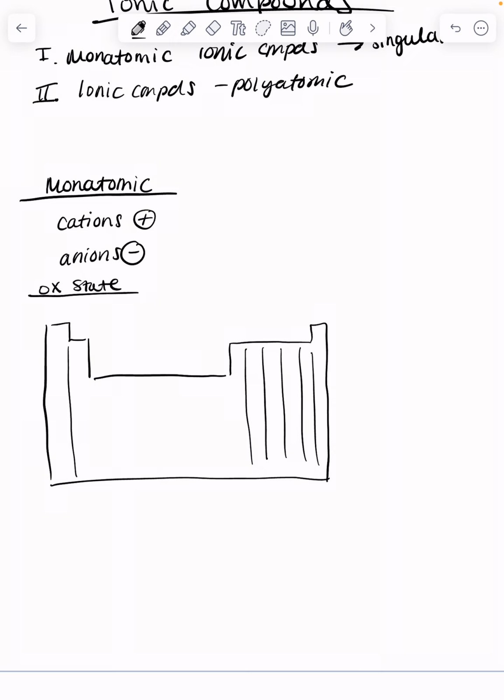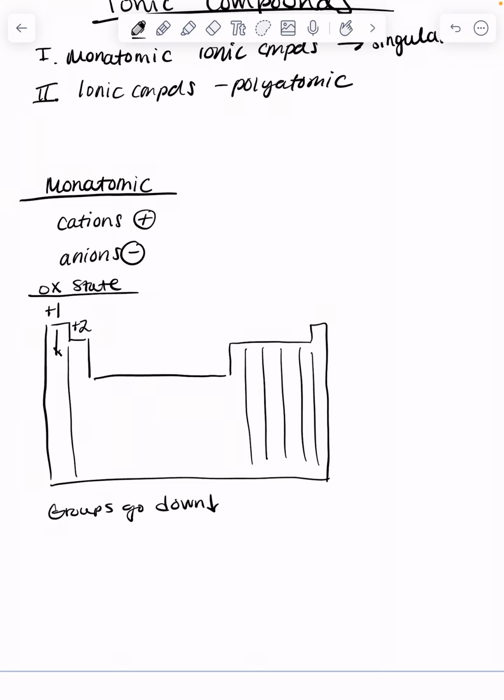So everything in this group, right, groups go down. So we start at the top and we go down. Everything in this group is going to have a +1 oxidation state. So this is the column starting with hydrogen. Next that'll be +2.